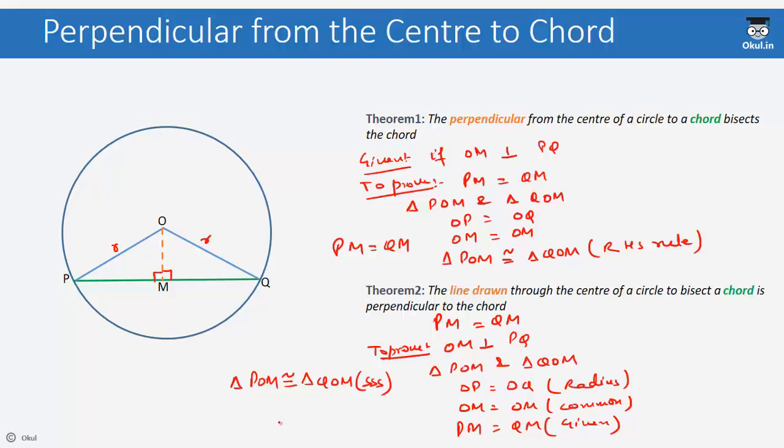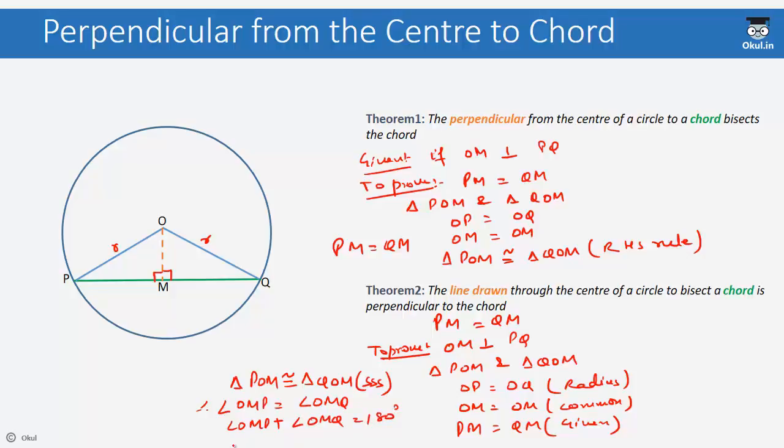So they are congruent, therefore corresponding sides and corresponding angles will be equal. Therefore angle OMP is equal to angle OMQ. Now PQ is a straight line, therefore angle OMP plus angle OMQ has to be equal to 180 degrees.